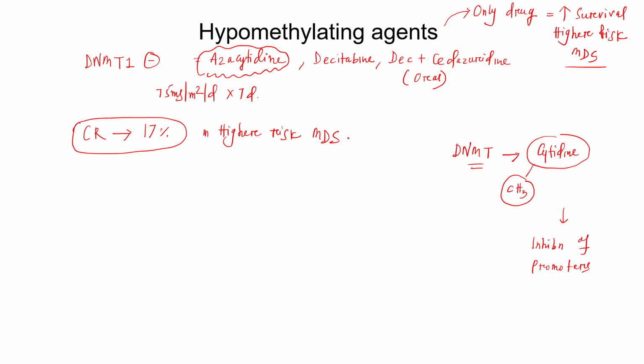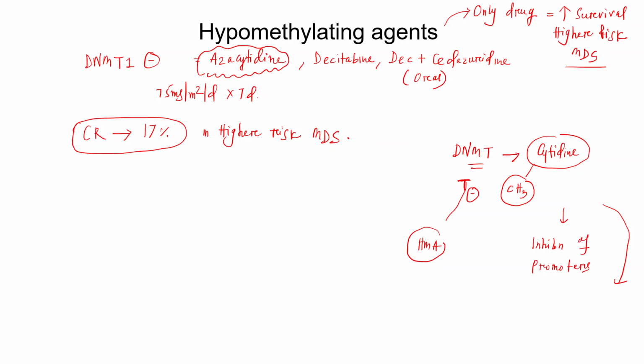And once you inhibit this DNA methyl transferase by hypomethylating agents, HMA, the methyl group will not be attached to the cytidine residues on DNA. Okay. So if the methyl group is not attached, then the promoter will be free.